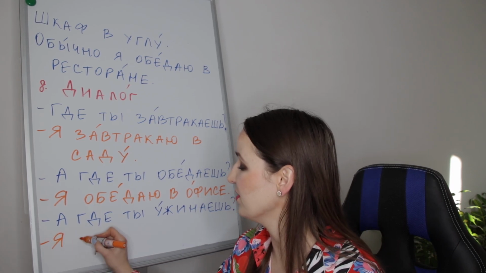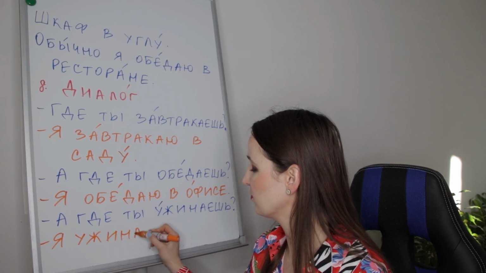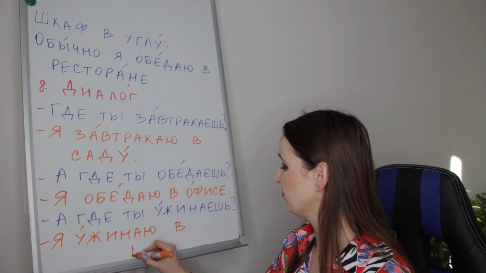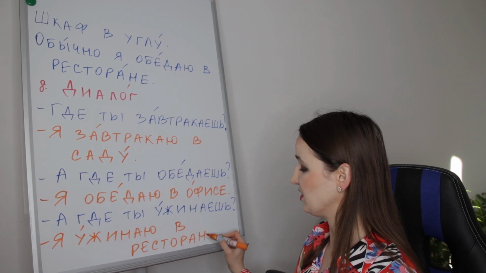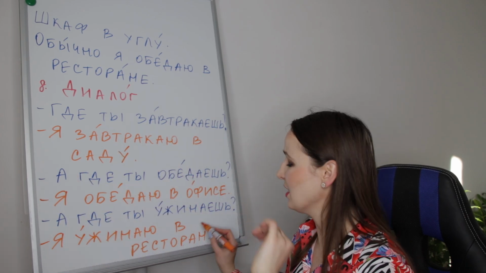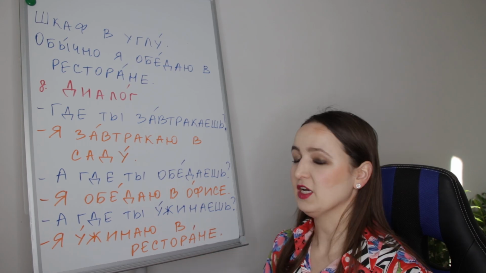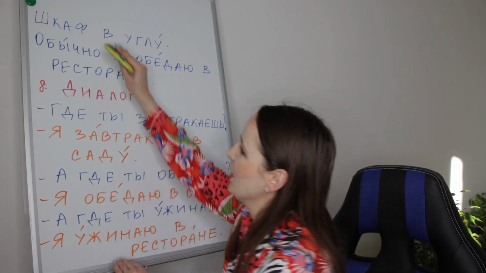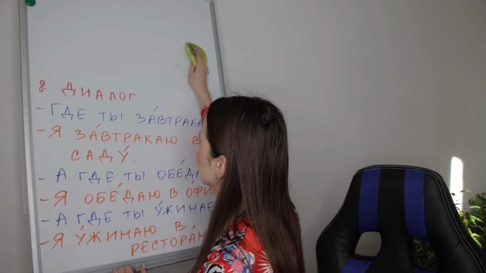I have dinner at the restaurant. Prepositional to say at the restaurant, to show a place. Make it prepositional, add е. В ресторане. Я ужинаю в ресторане. I have dinner at the restaurant.